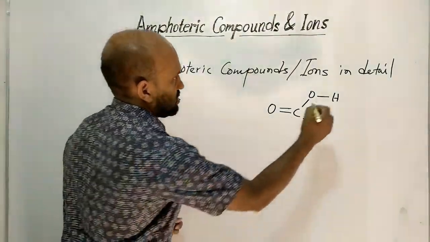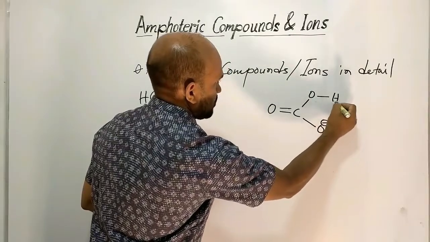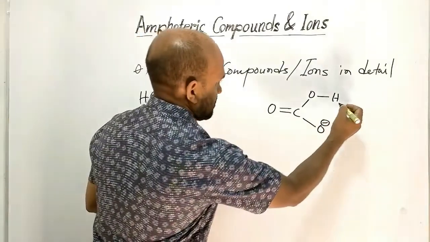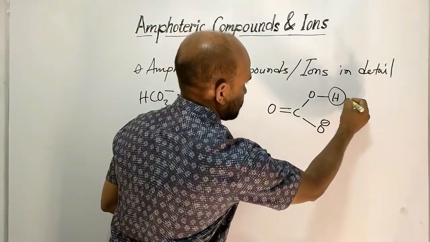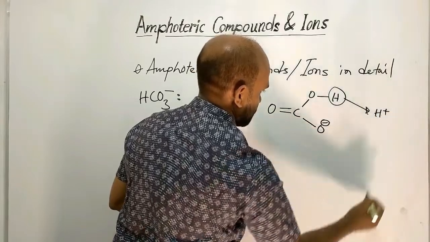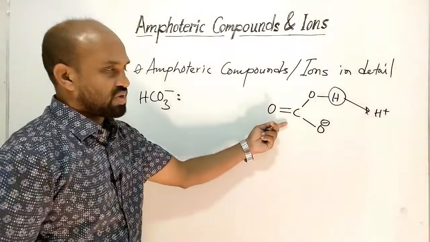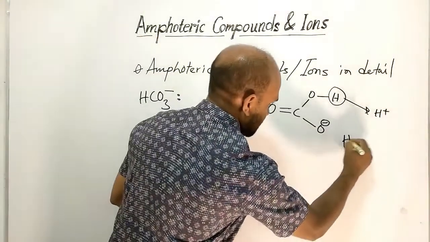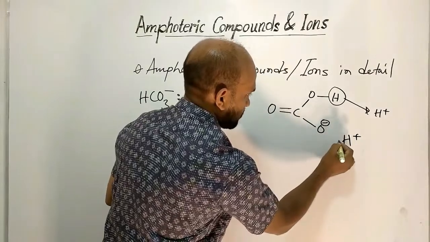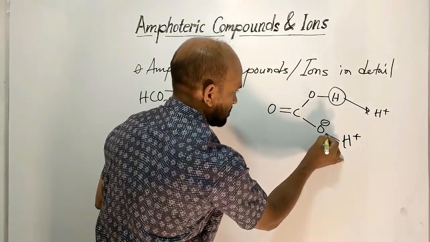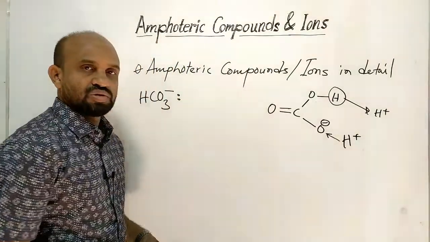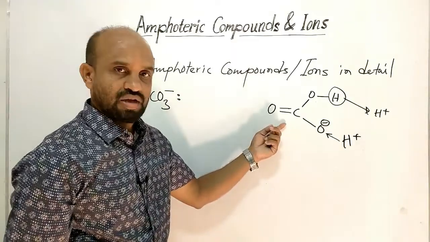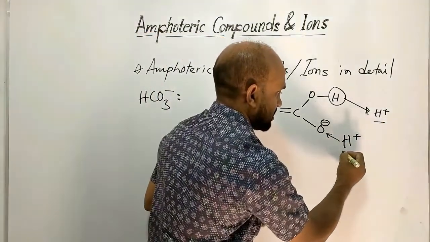In this case, since the electronegativity difference between oxygen and hydrogen is quite high, in basic medium this hydrogen is freed as a proton. That means bicarbonate ion acts as acid. In acidic medium, this oxygen binds this hydrogen with itself through a coordinate covalent bond. So bicarbonate ion can act as acid and base.